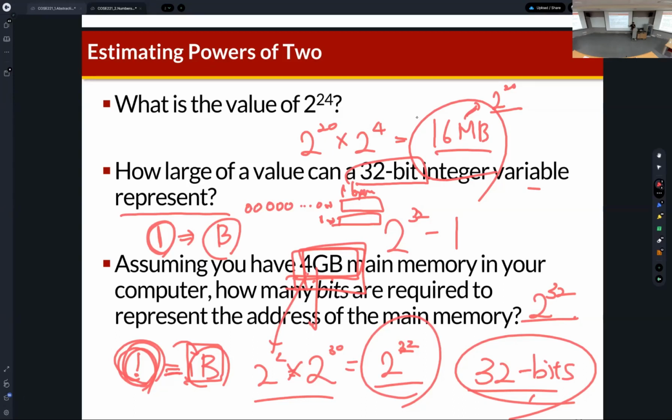Are you following me? We require 2 to the 32 different numbers to represent the addresses of 4 GB of memory. That's why we require 32 bits for representing an address of this memory. That's some examples of binary representation in computer systems.